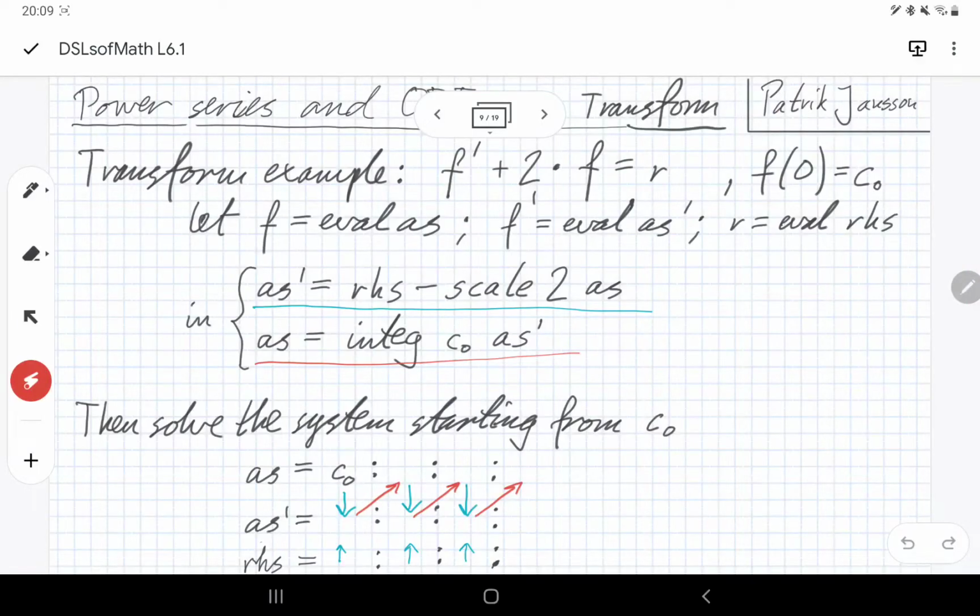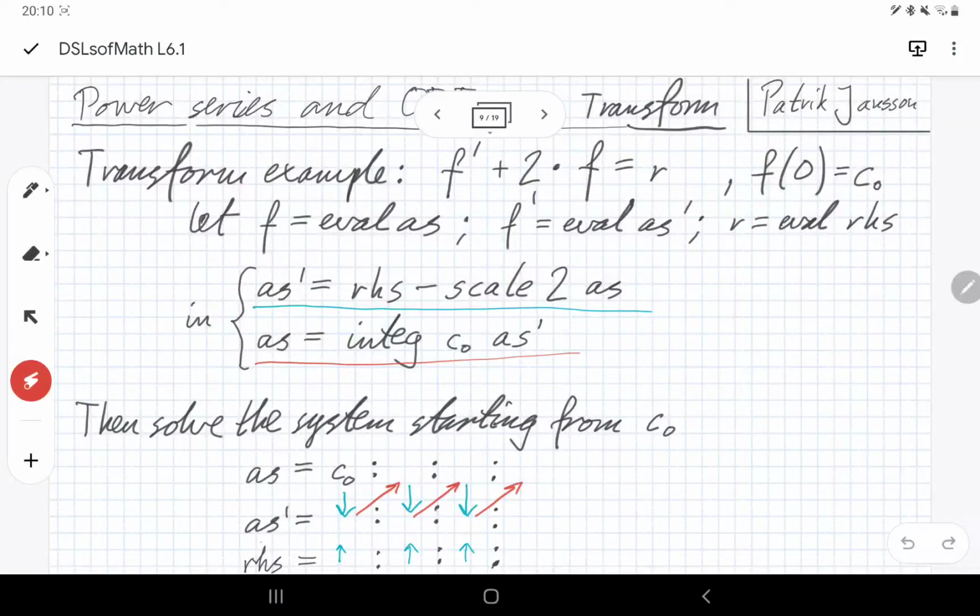So if we now think about a generic example, which we will not solve, but if we had, for example, f prime plus 2 times f equals r, where r is a function, and we have the initial condition that f of 0 is some constant z0, then we transform f into as, or rather we hope that there is a list as from which we can get f back, and as prime for f prime, and a right hand side list which evaluates the function r.